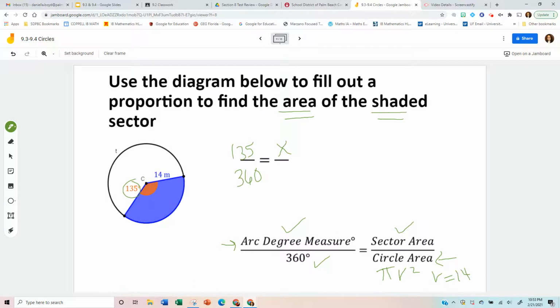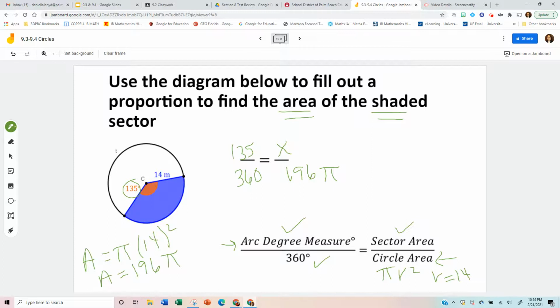So what I want to do from here is actually find the area. The area of the circle is pi times 14 squared. 14 squared is 196, so 196 pi is what goes down here.